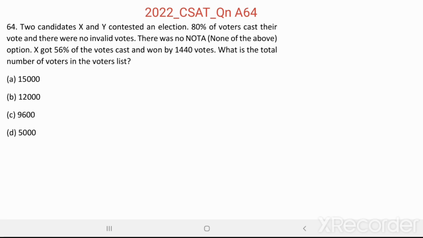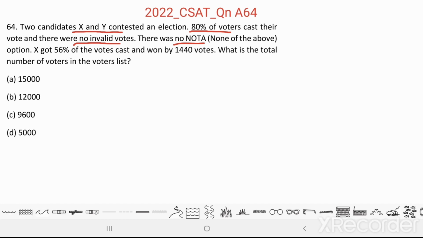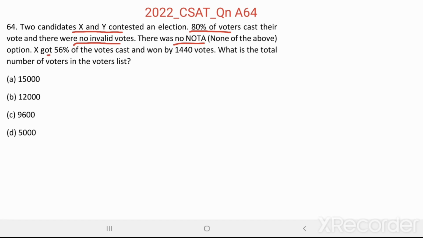There are two candidates in this election, X and Y. 80% of the voters cast their vote. No invalid votes, no NOTA option. That means each vote goes to either the account of X or to the account of Y. X got 56% of the votes and won by 1440 votes. What is the total number of voters in the voters list?